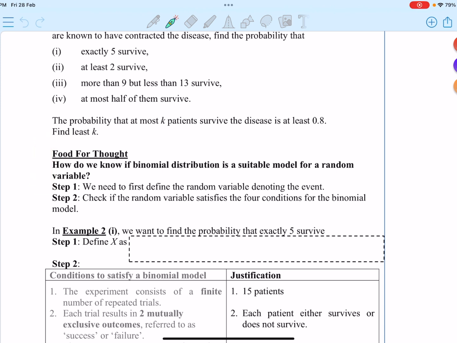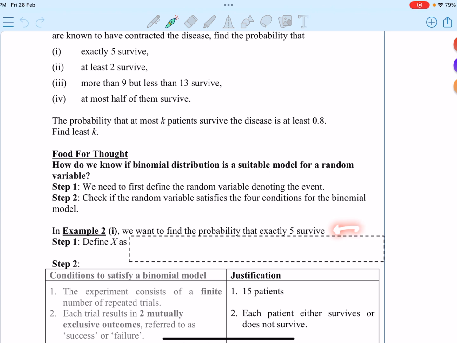First, you need to define what the random variable denoting the event is. Then the second thing is, you need to check if the random variable satisfies the 4 conditions for the binomial model. Right, so in part 1, we want to find the probability that exactly 5 survive.